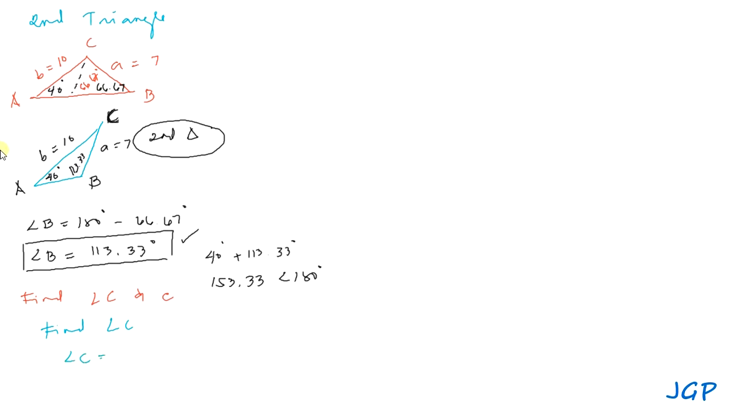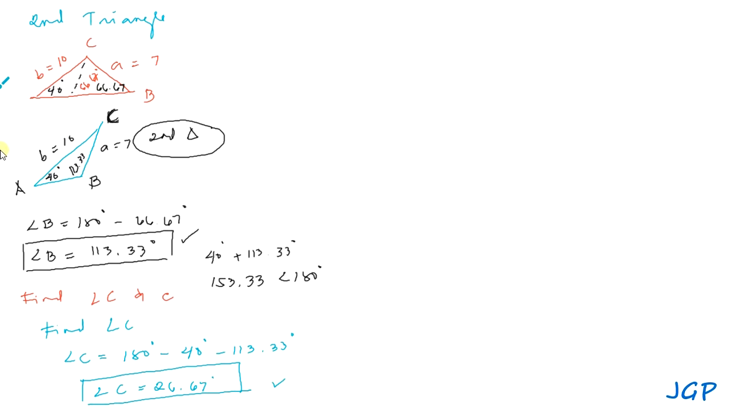So, your angle C is equal to 180 degrees minus 40 degrees minus 113.33 degrees, which is equal to 26.67 degrees. So, you have now the value of your angle C.